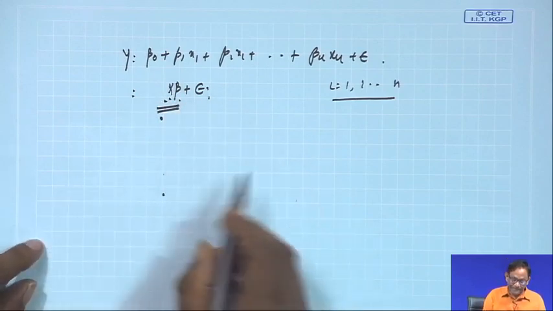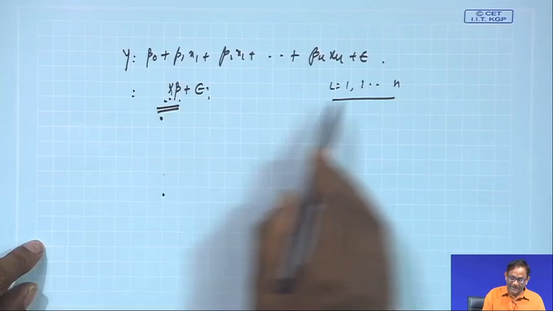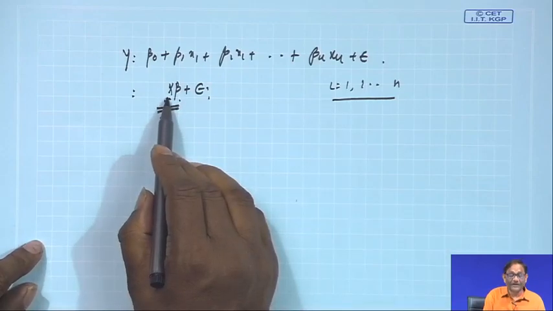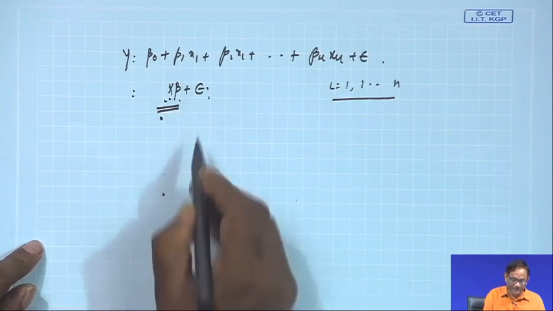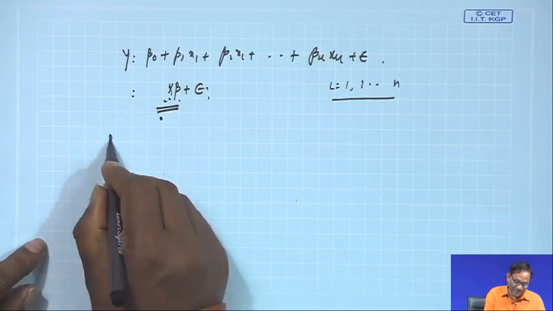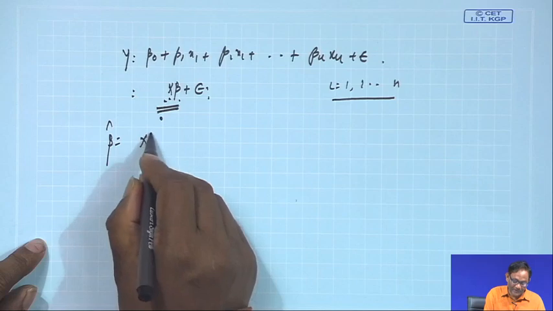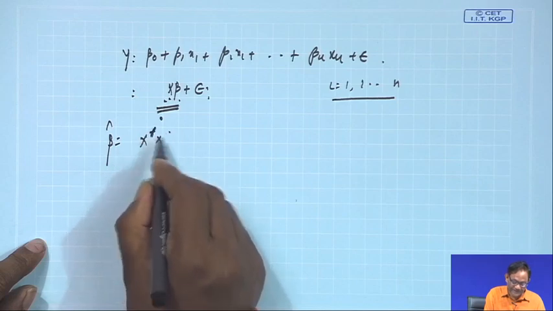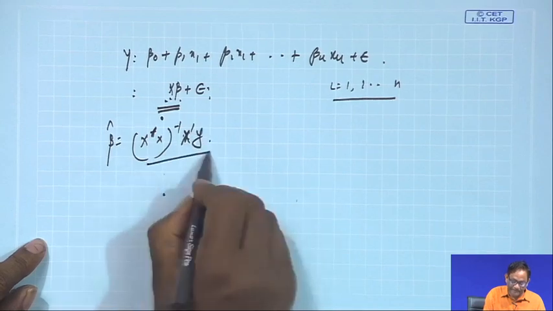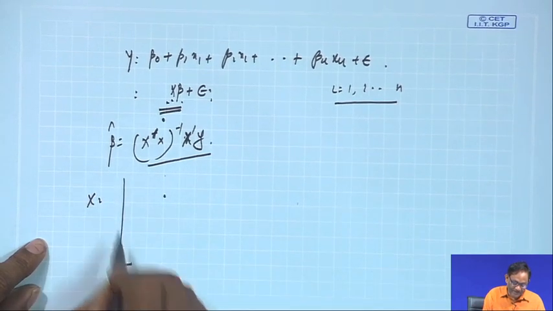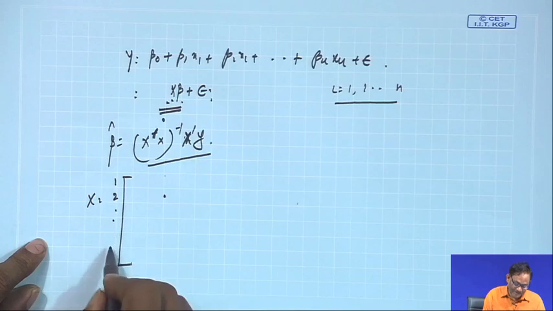Usually X will be n cross k plus 1 and beta will be k plus 1 cross 1, and finally using OLS regression we will compute beta cap equal to (X transpose X) inverse X transpose y.